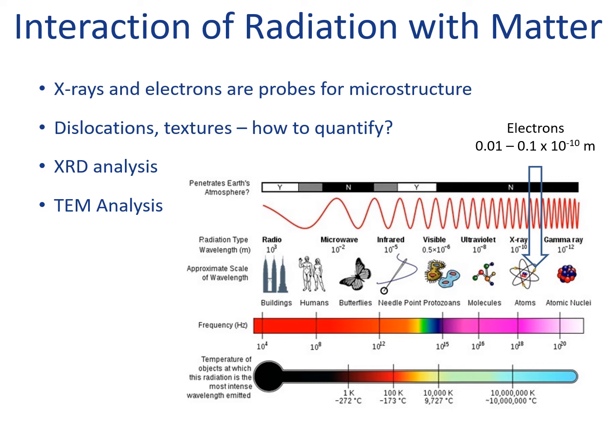So as you can see, the two main sources of radiation that we use to probe matter at the atomic scale are electrons and X-rays. X-rays have wavelengths that are around about 1 angstrom. Electrons have a wavelength which is much smaller.